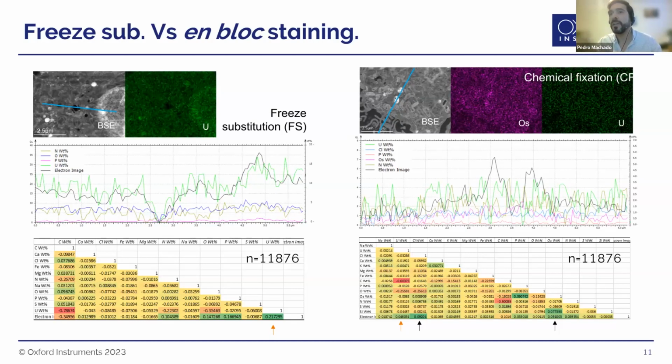Of course, there's osmium there that is correlated with the electron intensity. And you start to see interesting things. There seems to be still a positive correlation with uranium, even though it's very little, a much smaller value than what we see on the free sub samples. But we start to see also a positive correlation with chlorine.